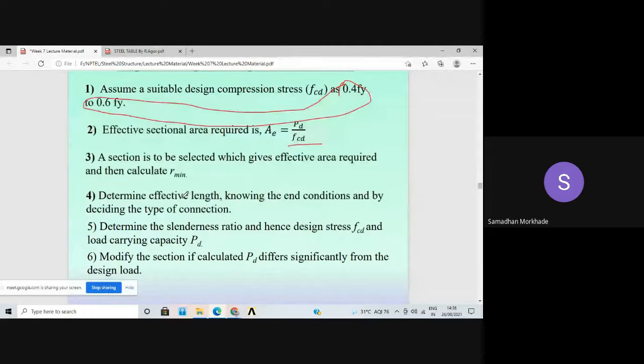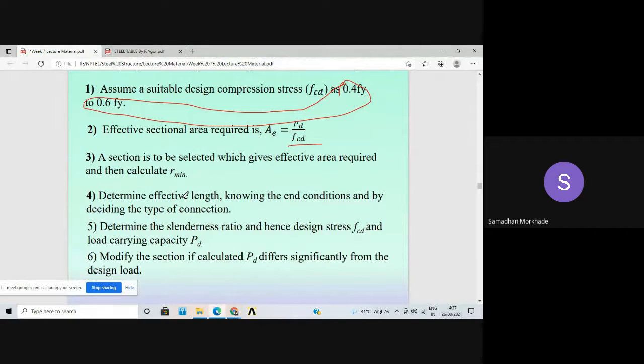Depending upon the requirement, whether it is a single angle, double angle, I section, or any section. After selecting that section, we have to calculate the minimum radius of gyration, R minimum, because R minimum will be required to calculate the slenderness ratio.